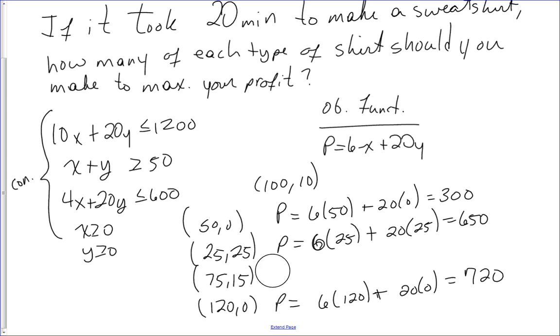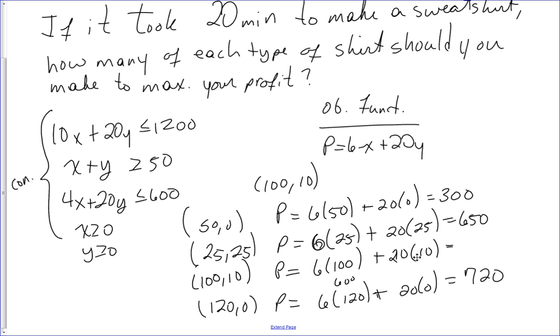It changed from 75, 15 to 100, 10. So let's redo that one point only. P equals 6 times 100 plus 20 times 10, and that's 600 plus 200. So our total is 800.